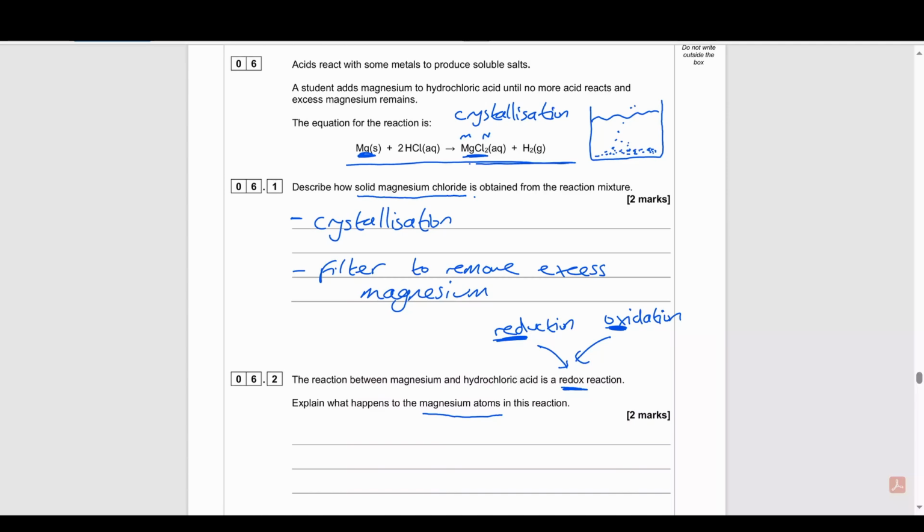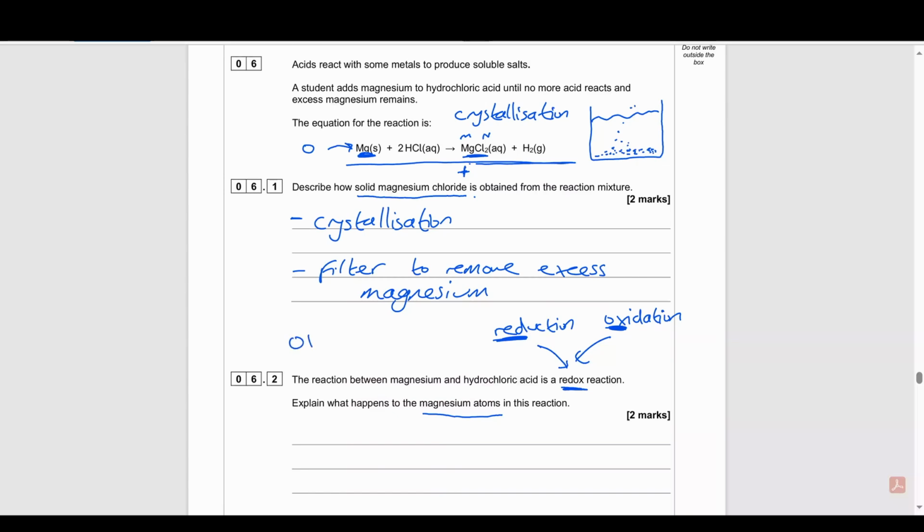So in our magnesium reactant, our atom, the charge would be 0. In the magnesium ion, in the ionic compound, it would be positive.